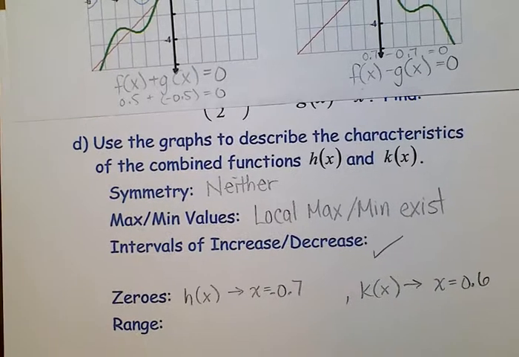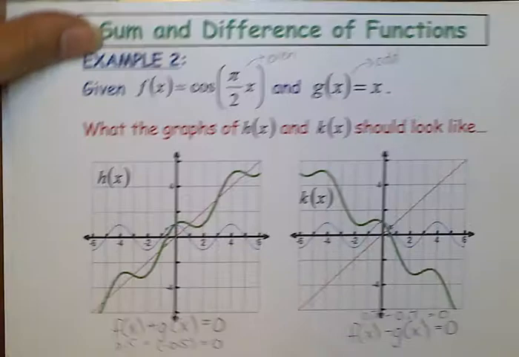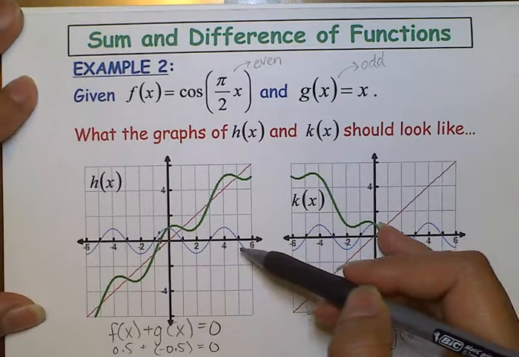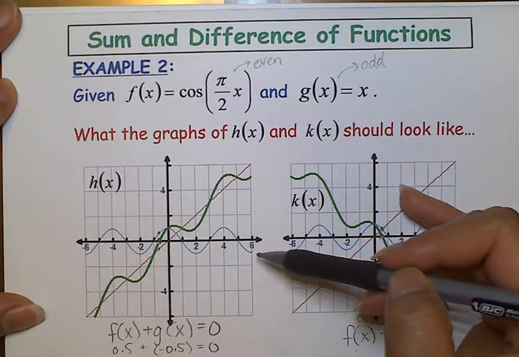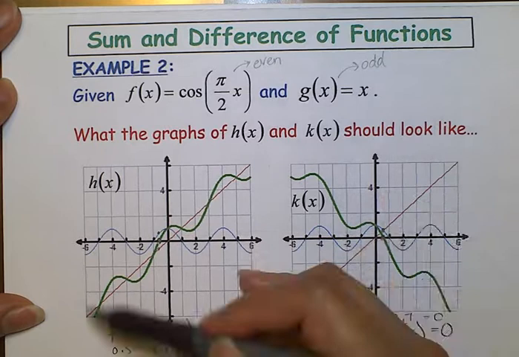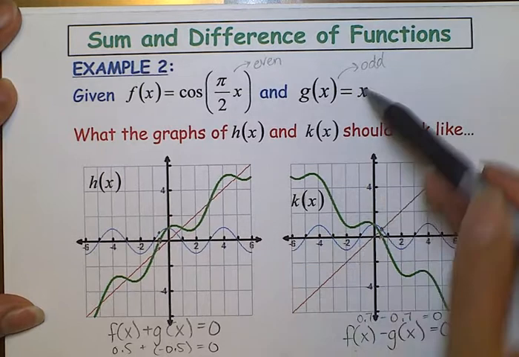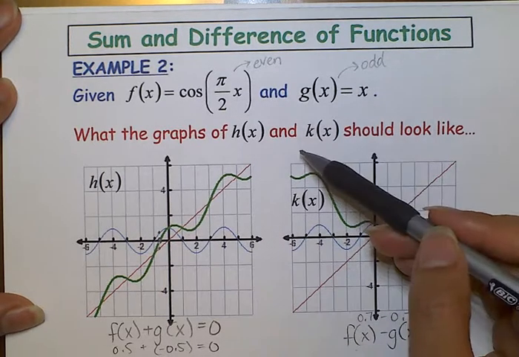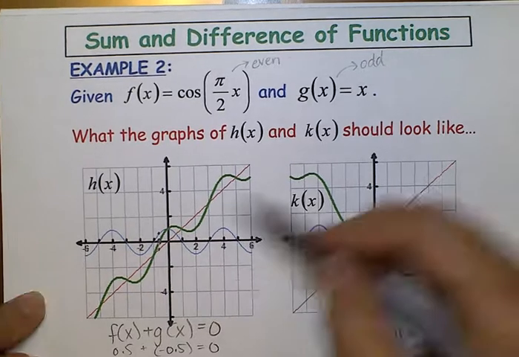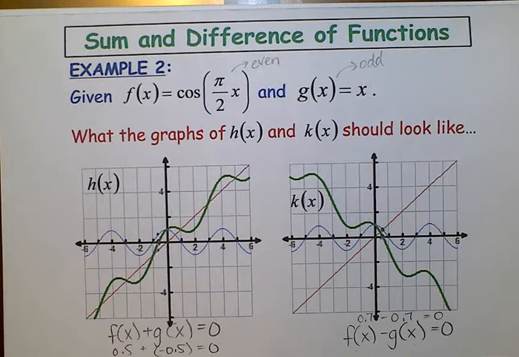Okay, in terms of the range, now this is a little bit different as well. If you look at the range of the two original graphs, the blue graph's range was between negative 1 and positive 1, whereas the red graph, the linear graph, was all real numbers. And you'll notice that because there was no restriction on the red graph, the combined function also goes for all real numbers.